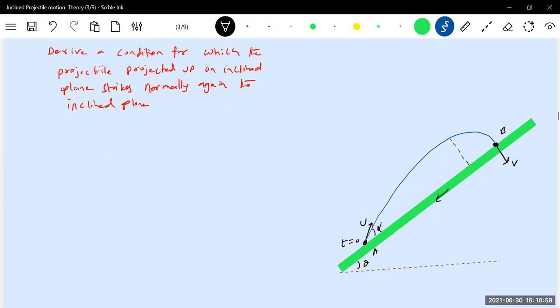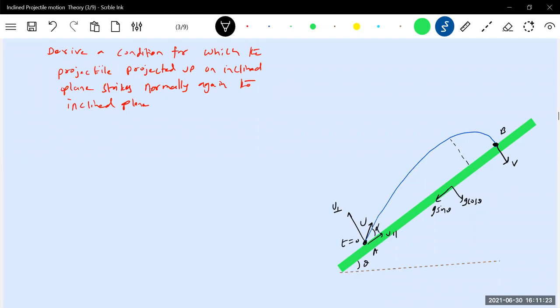Now we'll resolve g also. This will be g cos theta, g sin theta, g cos theta. Resolve velocity also, u parallel, u perpendicular. Let's get into the calculation. It should strike normally there, that's what the condition is.